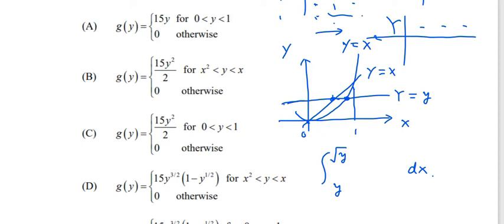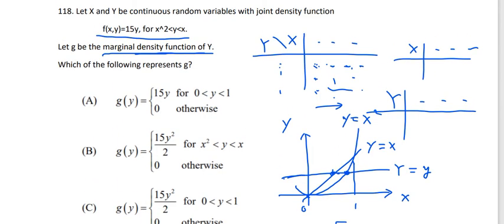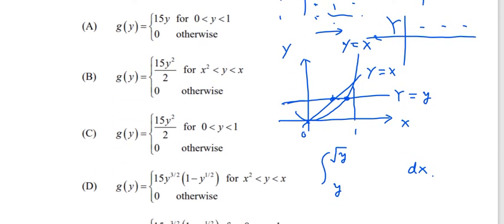The function f(x,y) is 15y, so we integrate 15y dx, integrating about x for fixed y.